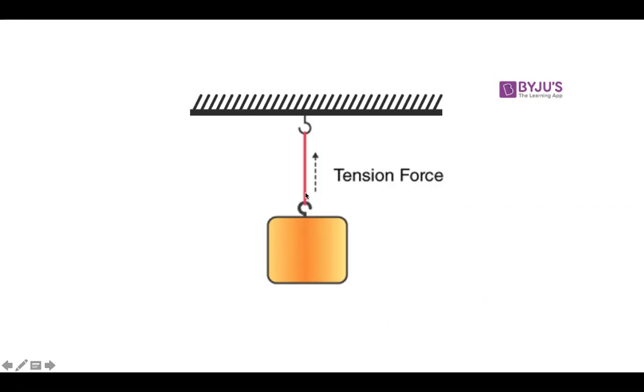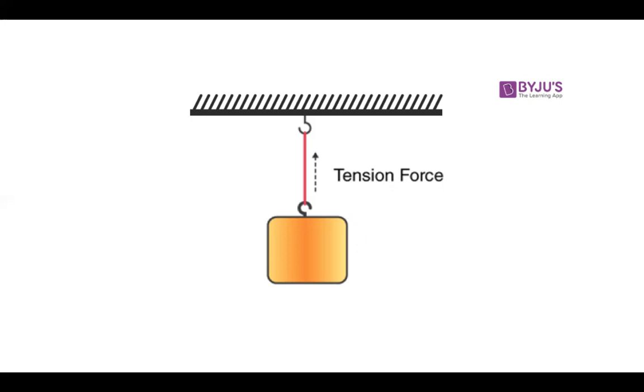Now, of course, the object is going to pull the spring and make the spring extend. The object will be hanging, and the weight will pull down the rope or the string that it's attached to. But there is an upward force that is sort of going against the weight of the object or the block, and that is what we call tension force.